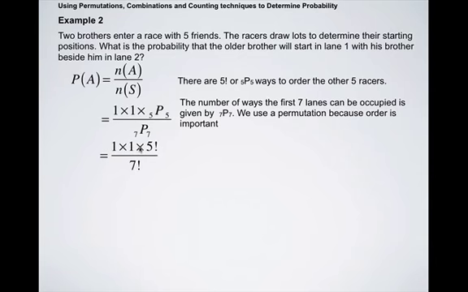And this works out to be 1 times 5 factorial over 7 factorial. Now, if we break this up, the 7 factorial is equal to 7 times 6 times 5 factorial. Well, the 5 factorials are going to cancel out, and once again, you're left with 1 over 7 times 6, or 1 over 42.